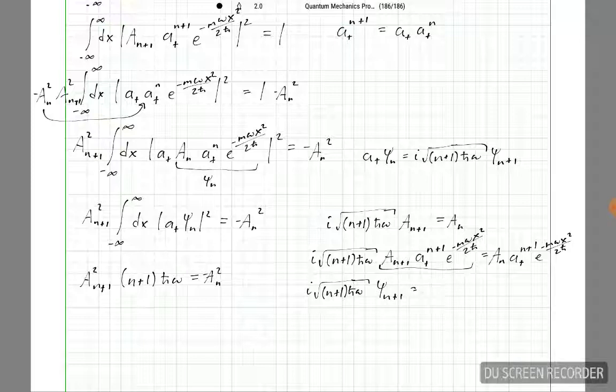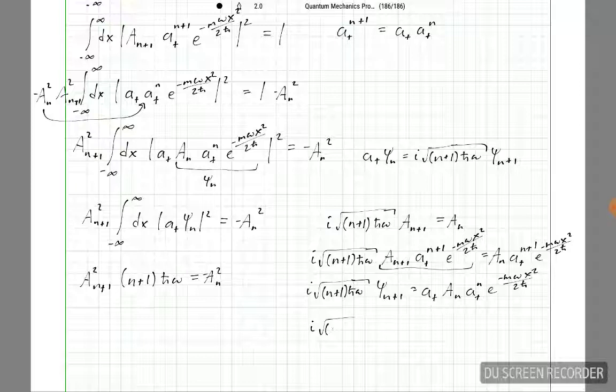Now I'm going to break apart the operator powers. So I have a plus, a plus raised to the n, raised to this whole ground state wave function.